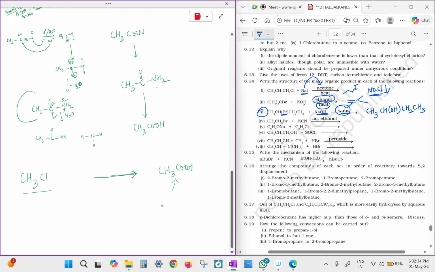Before being this, what should it have been? It should have been a cyanide, na? And you do complete hydrolysis, correct? Yes, ma'am. So the question is, how will you convert methyl chloride into methyl cyanide or ethane nitrile?